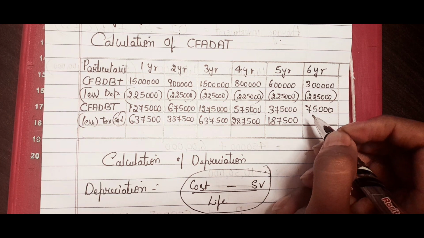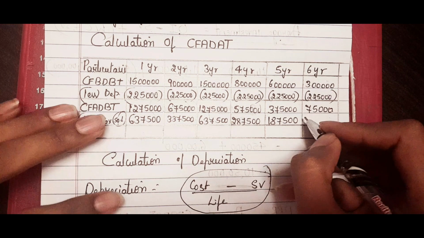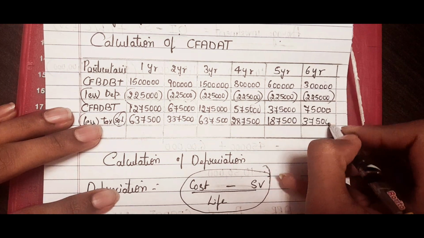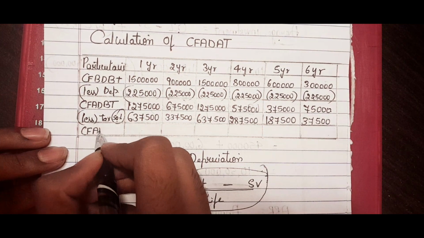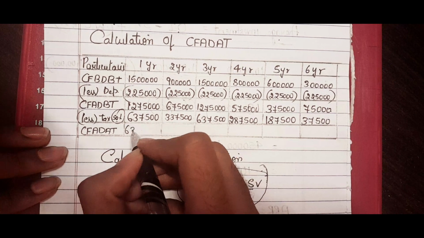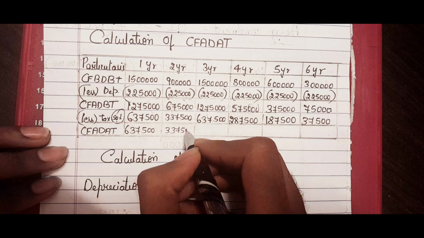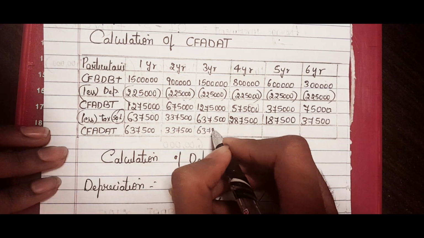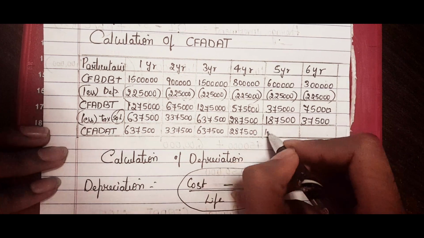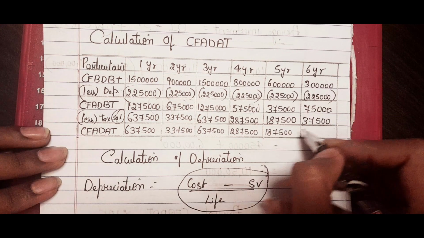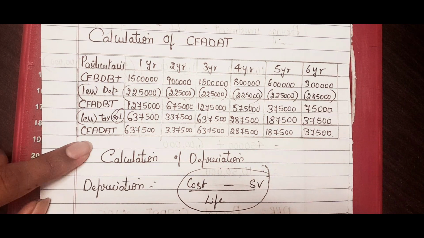Next, 75,000 into 50% will be 37,500. Now subtract this. When we subtract, we get CFADAT. Subtract and write. So now we got CFADAT.